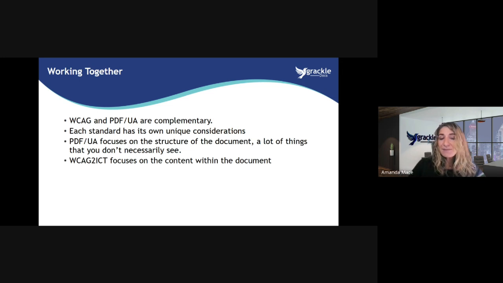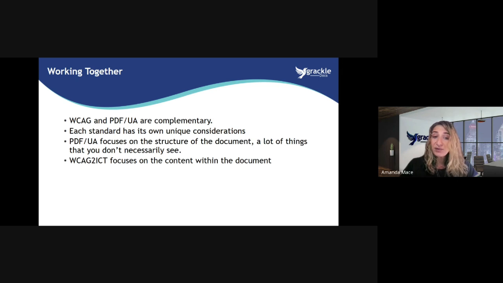Keeping in mind that WCAG literally stands for Web Content Accessibility Guidelines, WCAG2ICT is advice from the working group about how you can use those same principles for general ICT.